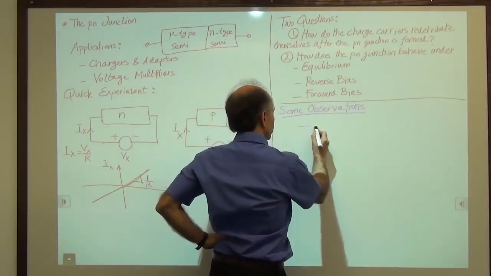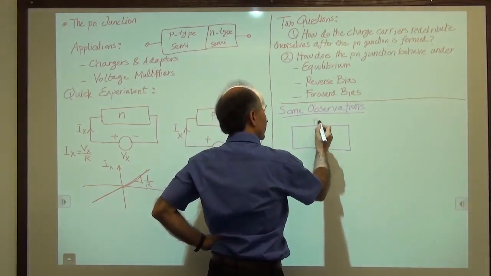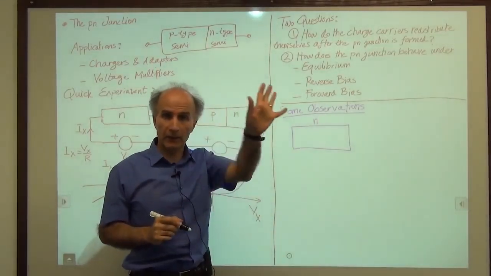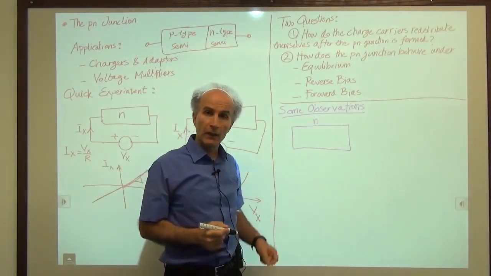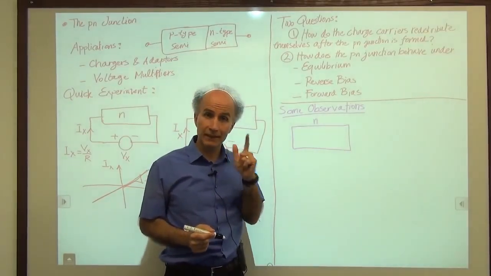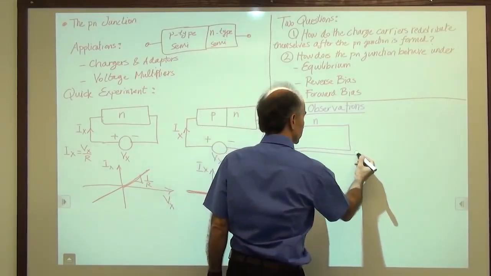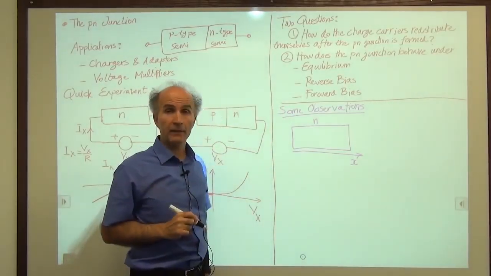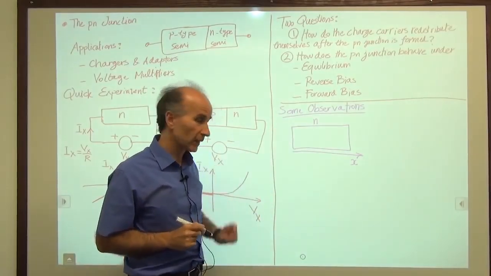All right, so we buy a piece of N-type material, and we go in there just by itself without being connected to anything else in the world, and try to measure the concentration of electrons and the concentration of holes as a function of distance from here to here. So what do we see as a function of distance? Well, we know that we have lots of electrons and very few holes because this is an N-type material.